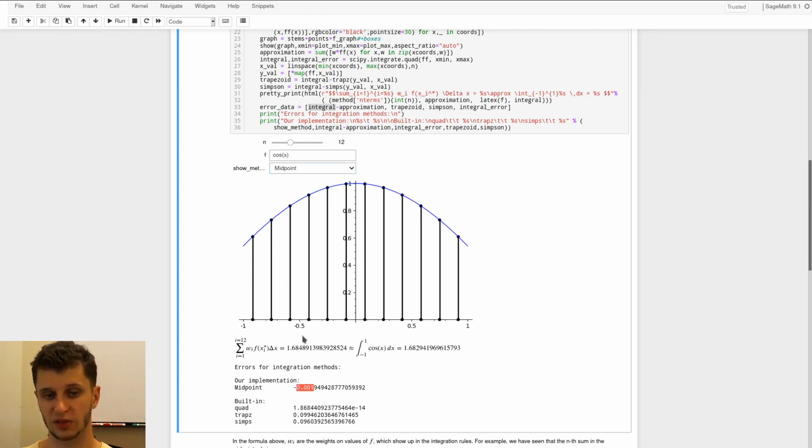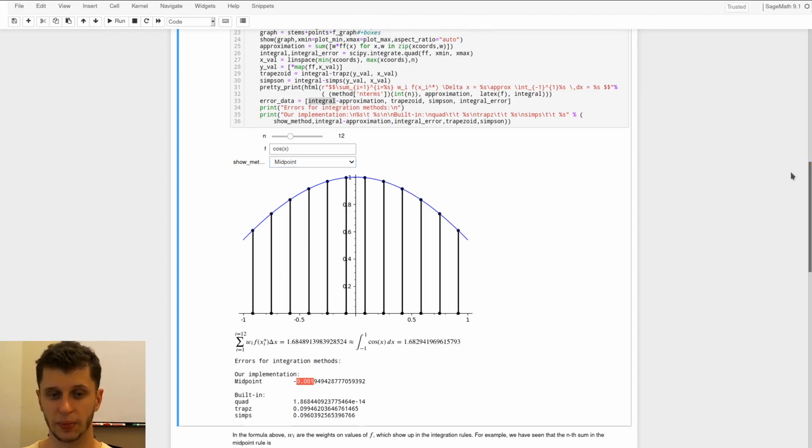Exactly as we discussed previously, we have this relation between the magnitudes of errors of the trapezoidal and midpoint rules, and the midpoint rule is about 2 times better. It has about 2 times smaller error for the same number of subintervals.